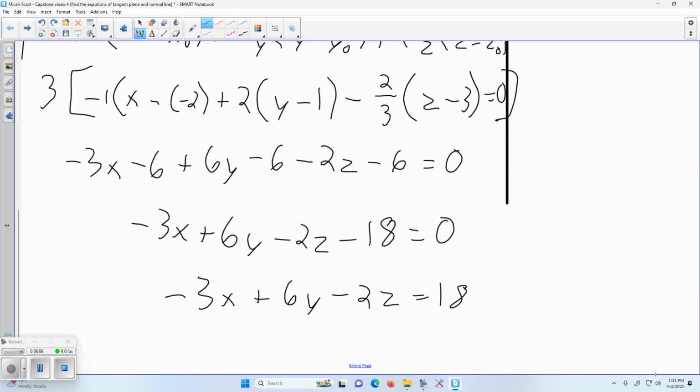Next, we will find the equations for the normal line.